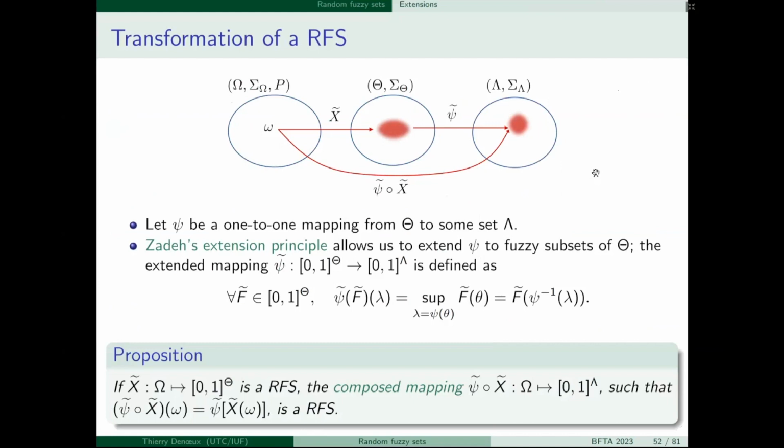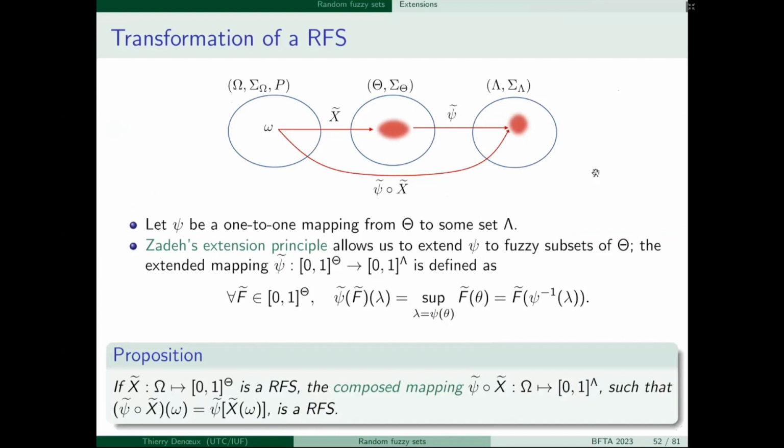But here we have a special case because psi is one-to-one. So in that case, it is very easy. The degree of membership of lambda to the image of f tilde is f tilde of psi inverse of lambda.